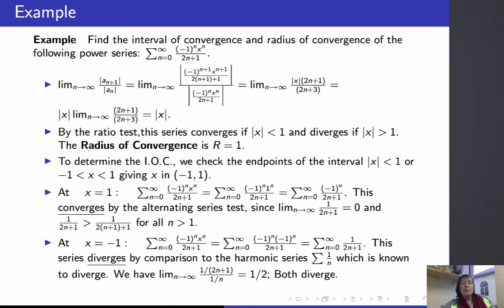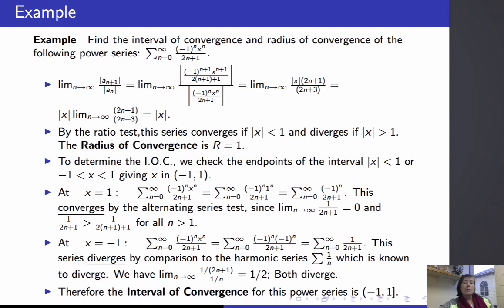So the limit as n goes to infinity of 1 over (2n plus 1) over 1 over n is 1/2, which is some constant greater than 0 and less than infinity, so we can conclude that this series diverges. So our power series diverges when x equals -1, and it converges when x equals 1.